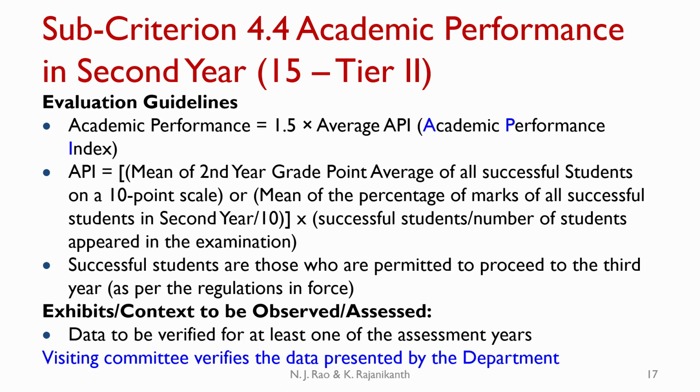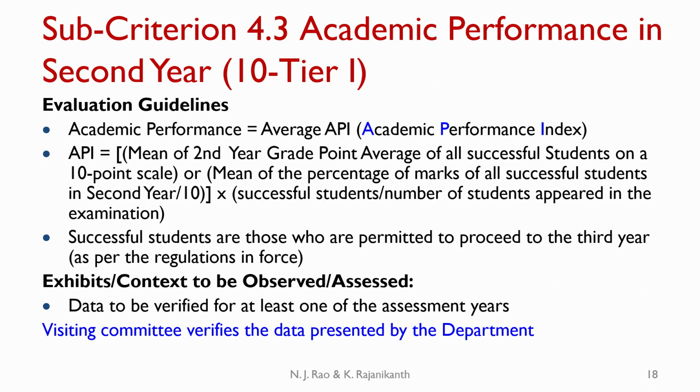So, again the data will be verified by the visiting committee for at least one of the assessment years, and based on that the marks will be awarded. Whereas, it is slightly different for the tier 1 institution, because you have only 10 marks for this.